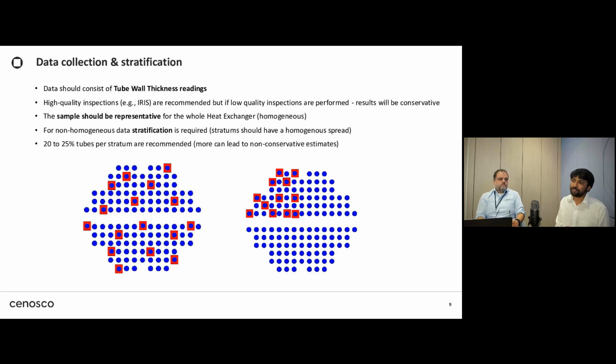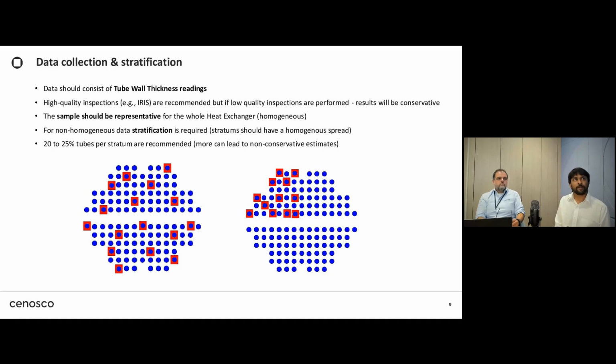Of course, the type of inspection also plays a key role. Higher quality inspections with lower error margins usually will produce less conservative results. However, if you incorporate lower quality inspections with higher margins of error, your results will be quite conservative. So you also need to take that into account.